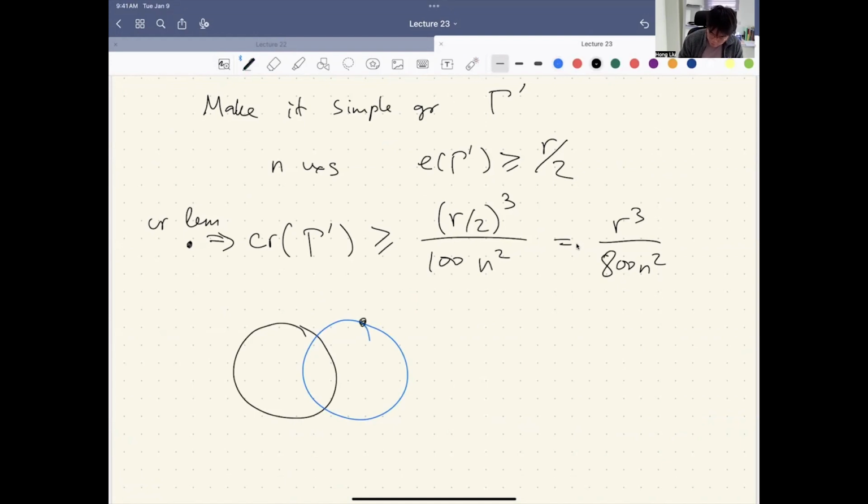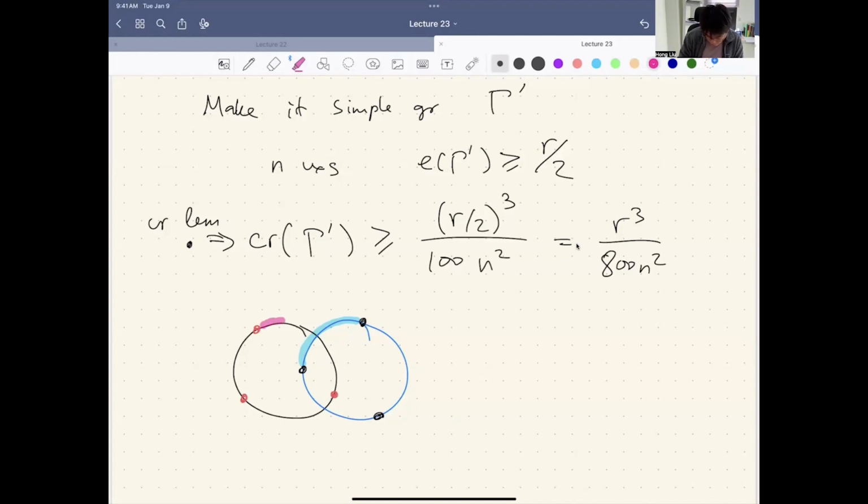So if you have vertices here, here, here, you have an edge here, right? And on this side, you have vertices here, here.